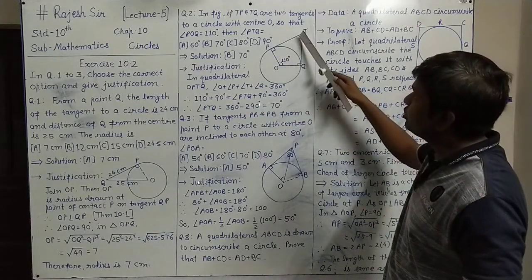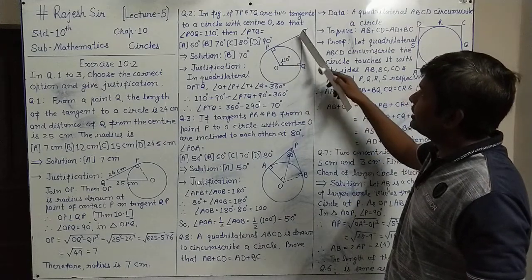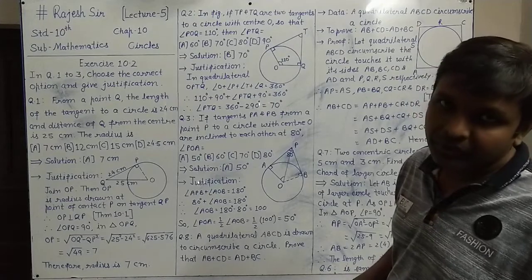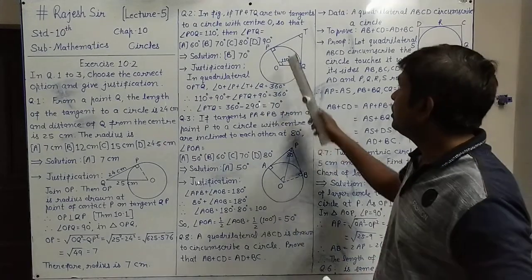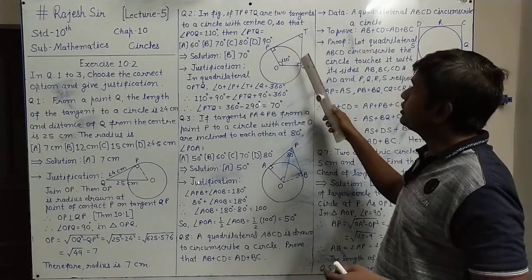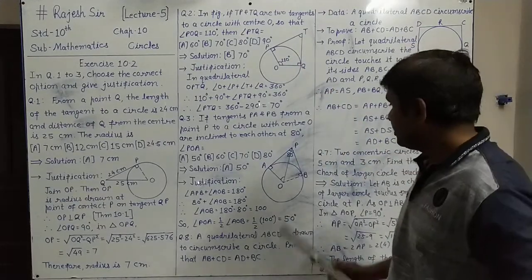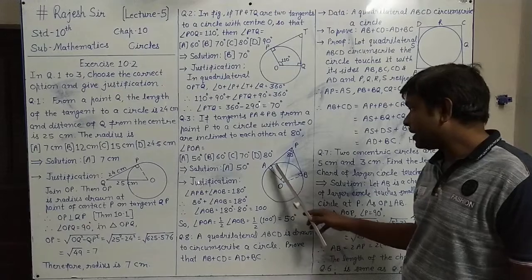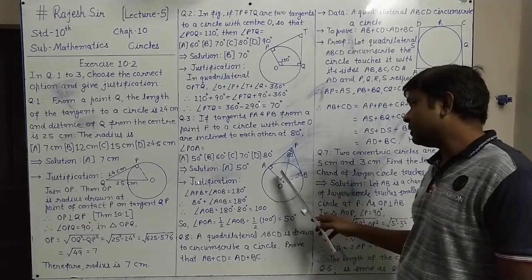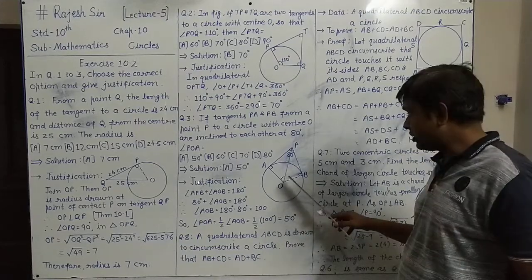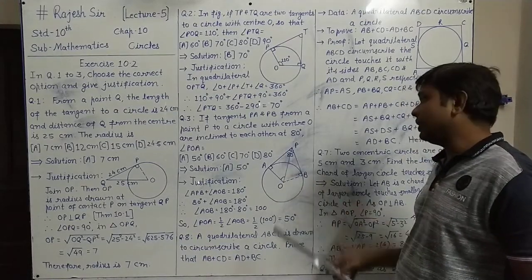So the remaining two, at the center and at the external point, also sum to 180, because the total is 360. If these two sum to 180, the remaining two sum will also be 180.